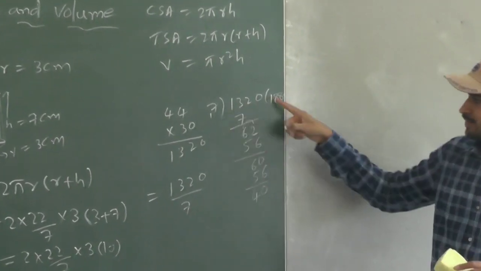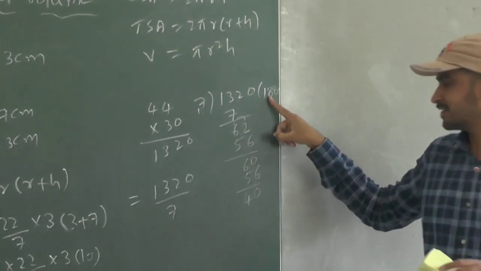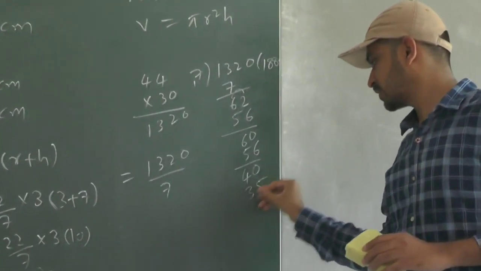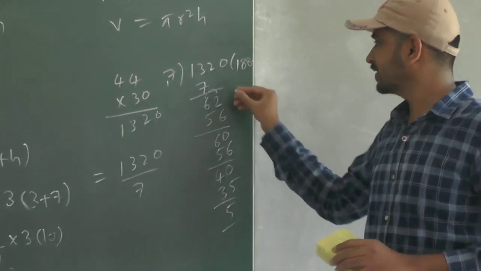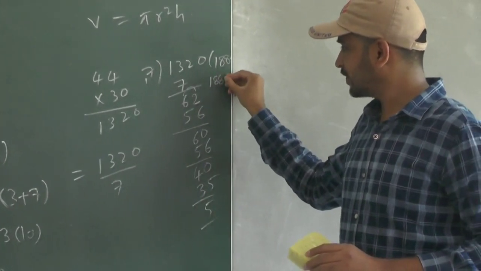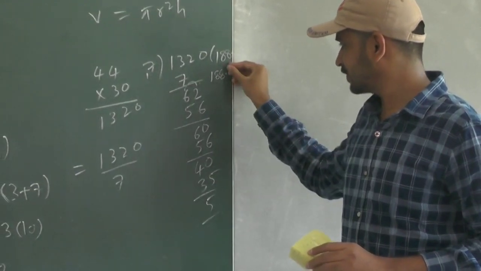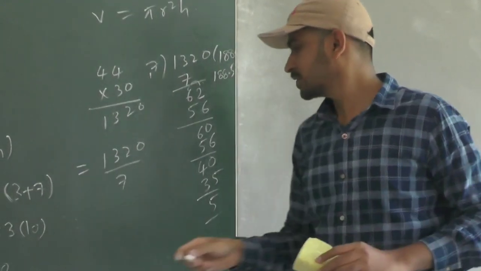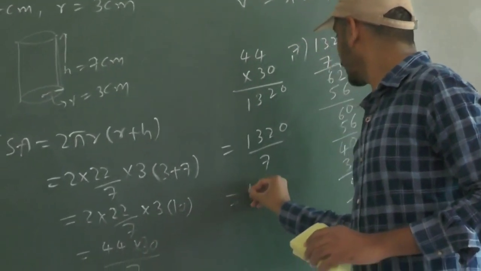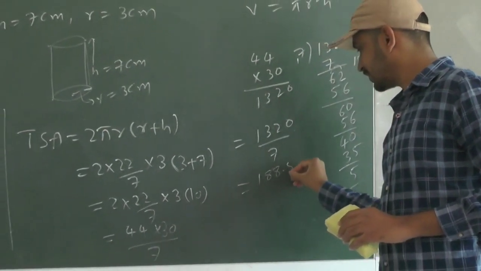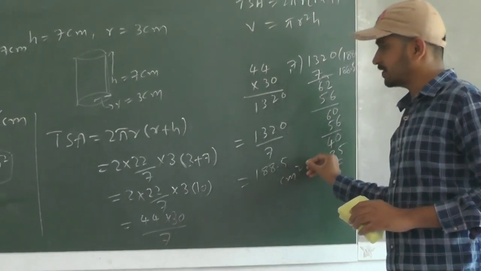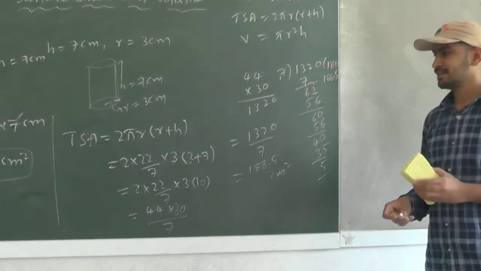How many times can we take 40? 7 fives are 35. So one decimal is enough. That is 188.5 centimeters square. This is the TSA of the given cylinder.